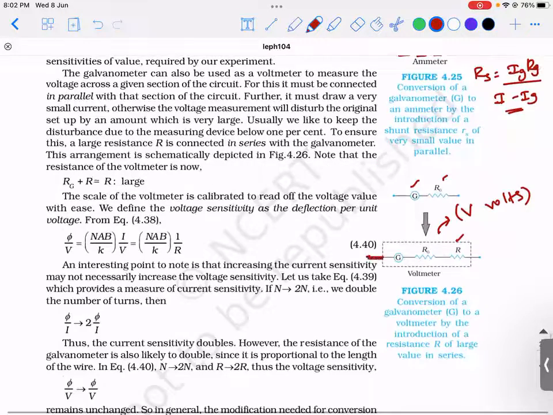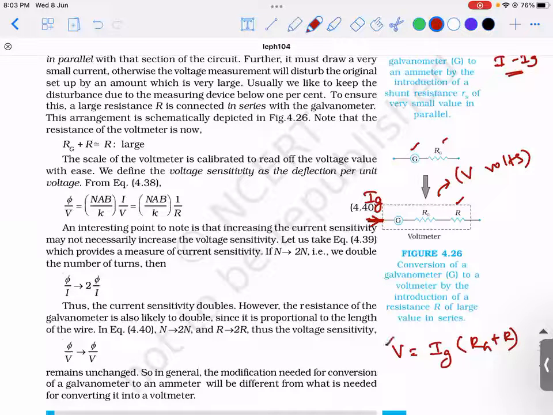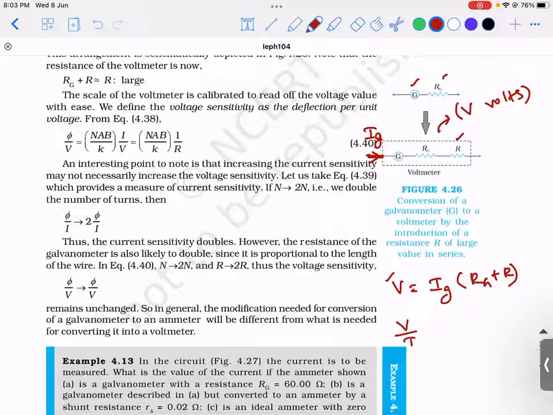If you observe in this scenario, the current through the galvanometer is still Ig only. Wherever you see a galvanometer, the maximum current it can allow to pass through it is Ig. So V is equal to Ig into (resistance of galvanometer plus resistance), where V is the voltage that you want to measure. So V divided by Ig minus Rg is the value of the resistance that you can connect in series with the galvanometer to convert it to a voltmeter which can measure V volts.